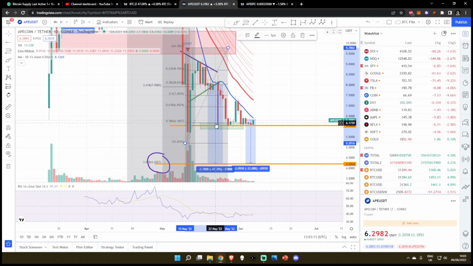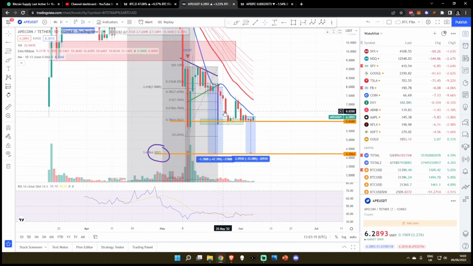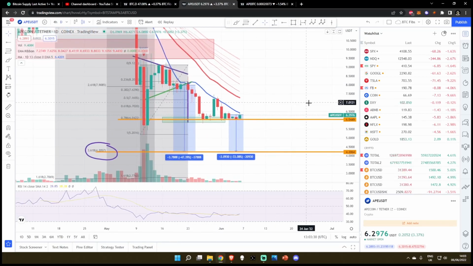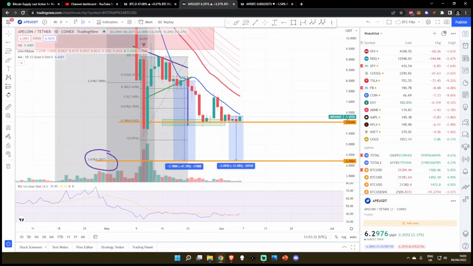You can see the 786 chopping in and out and in and out of it, but you draw it to the candle body close and you can see we didn't spend too much time at any other fibs, but the 0.5, once again, a perfect rejection. 382 was much better respected, 236 was much better respected, 786 was much better respected. So I'm going to be sticking with this Fibonacci from now on.